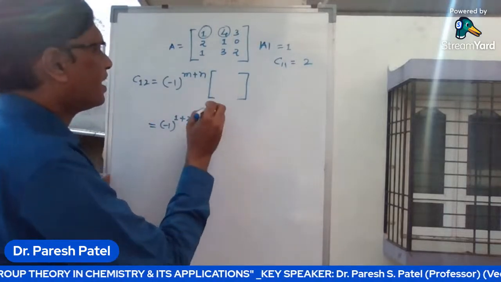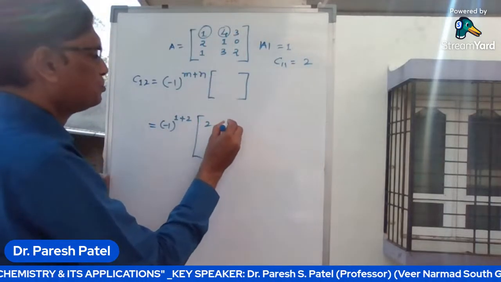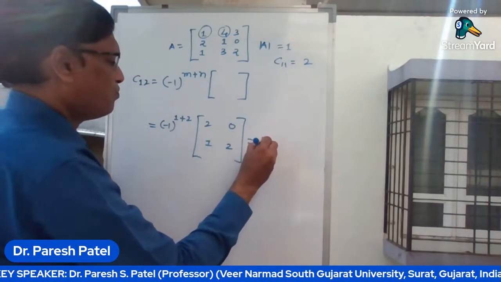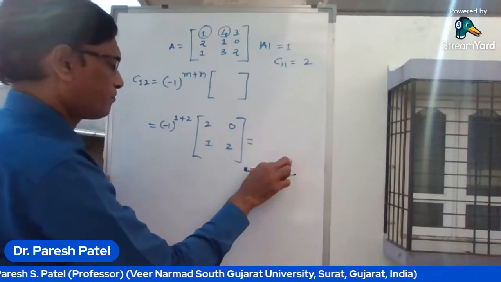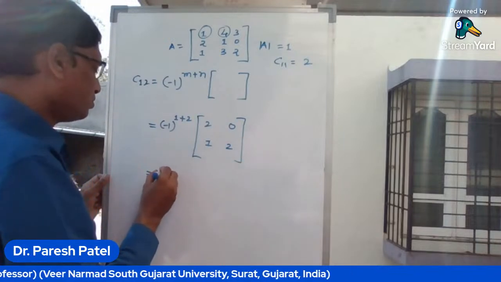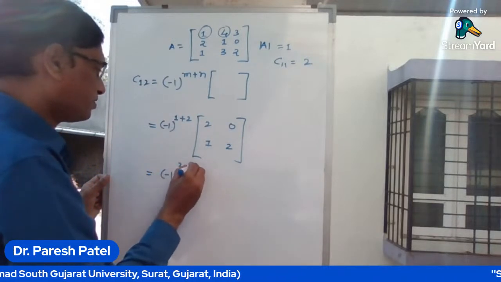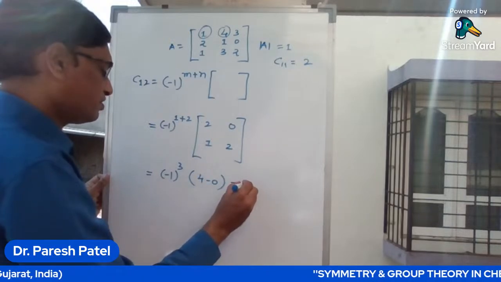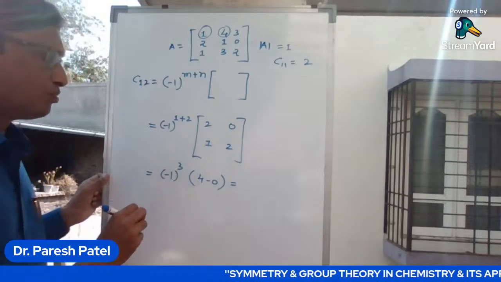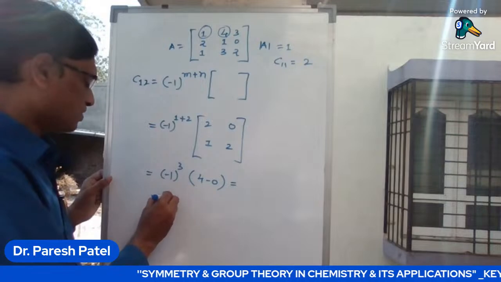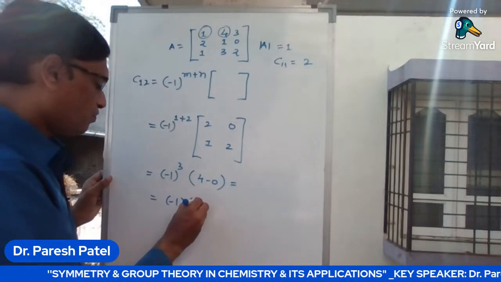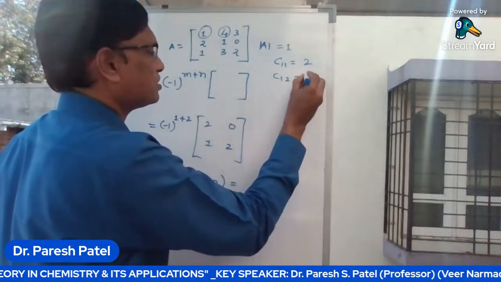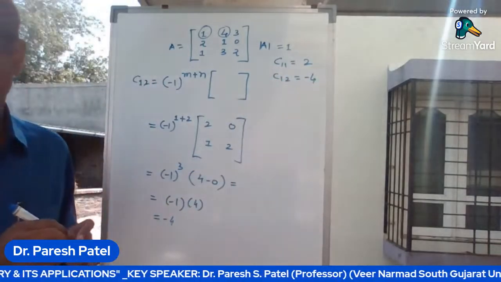So the remaining are 2, 0, 1, 2, which is 4 minus 0, times minus 1 raised to 3. It means minus 1, and 4 gives minus 4. So the value of C12 is equal to minus 4.